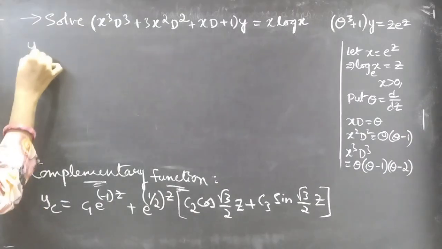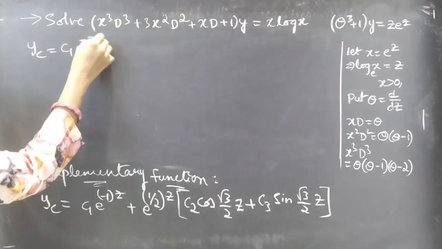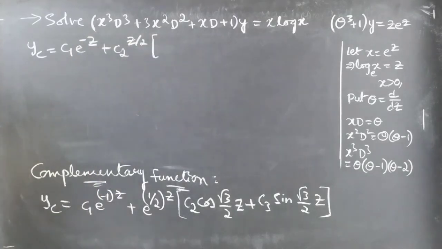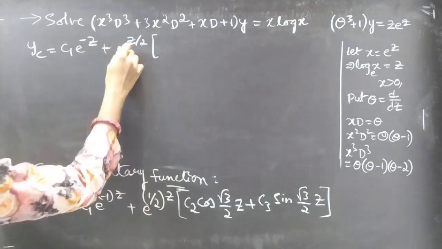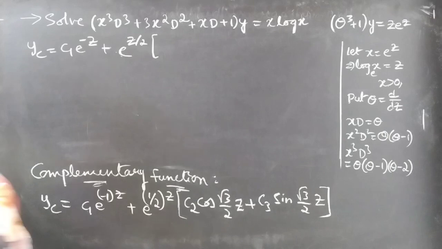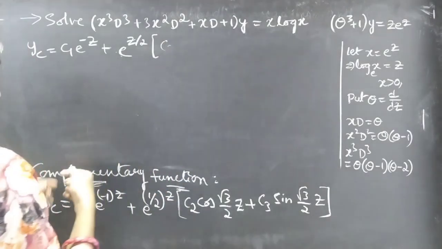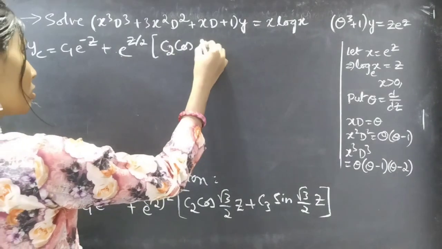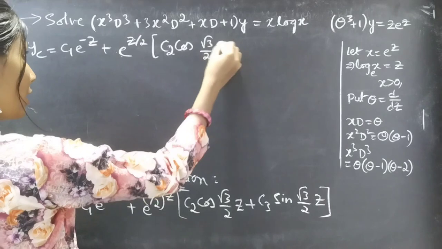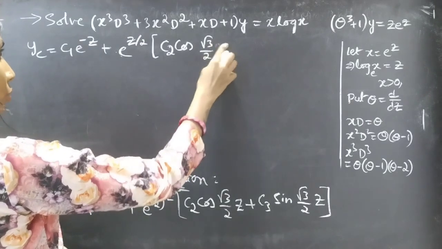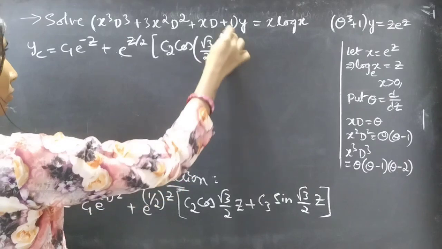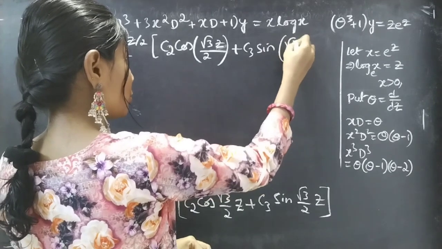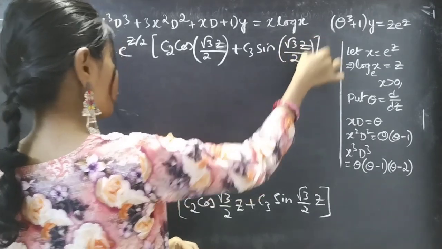Then yc becomes c1 e power minus z plus e power z by 2 into c2 cos root 3 z by 2 plus c3 sin root 3 z by 2.